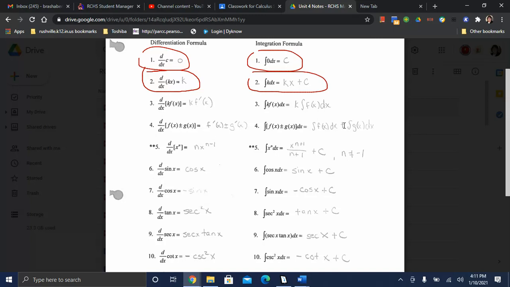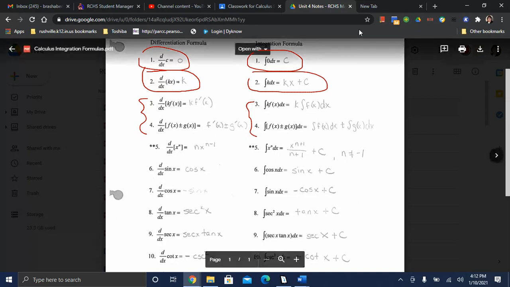Then you have a couple of rules, 3 and 4, that are similar for derivatives and integrals, in that you may pull out the constant and then do the derivative. You may also, in Rule 3, pull out the constant and then do the integration. In Rule 4, you'll see that differentiation is distributive, and so is integration.